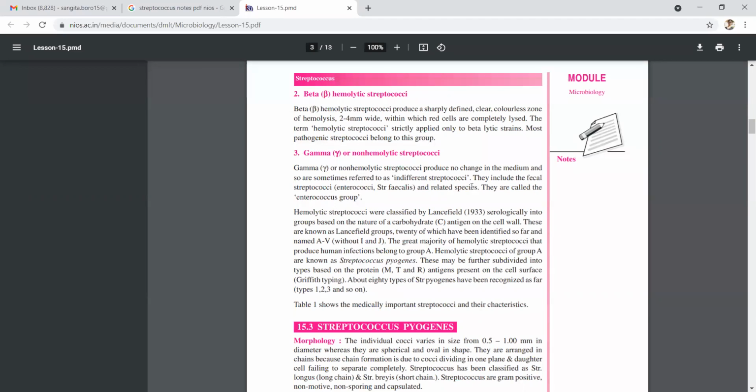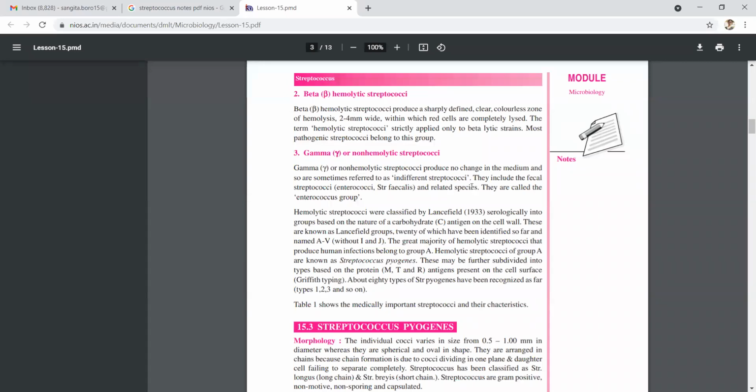The third one is gamma or non-hemolytic streptococci. Here, the gamma streptococci do not cause any hemolysis. So you will not see any change in the media when they grow, except for the colonies, and there will be no formation of zones around the colonies. So they are sometimes referred to as indifferent streptococci.